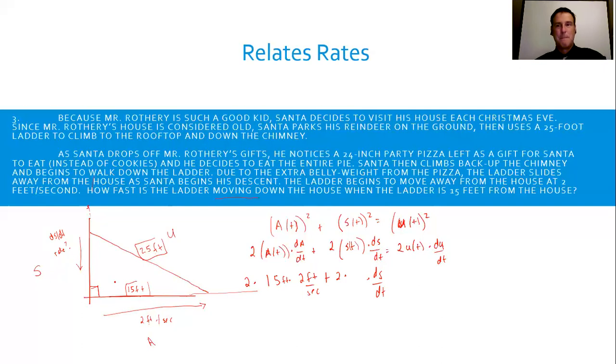Well, maybe Pythagorean theorem. So let's see, a squared plus s squared equals u squared. A is 15. S I don't know. U is 25. U squared is 25 squared, so that's 625. 15 squared is 225.